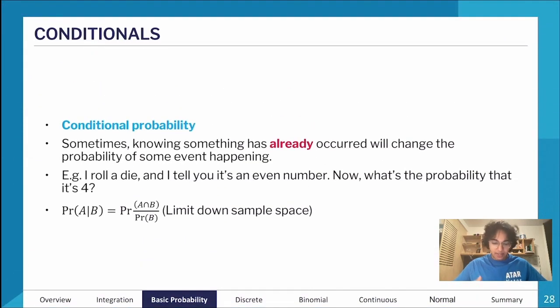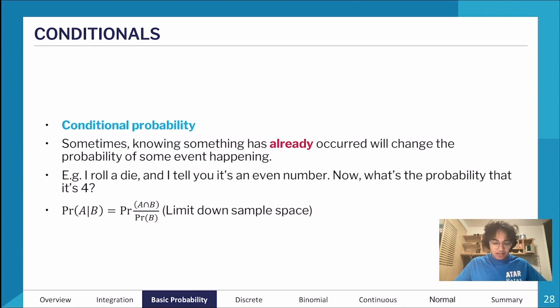Okay. Let's talk about conditional probability. Conditional probability is super common and pops up everywhere. It's a really nice question type. But enough about me talking about how nice it is. Let's talk about how we can do these. So what does conditional probability mean? It's the probability given a condition, which sounds like a cyclic definition.